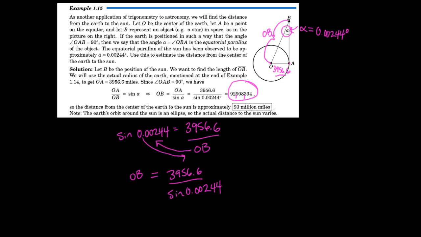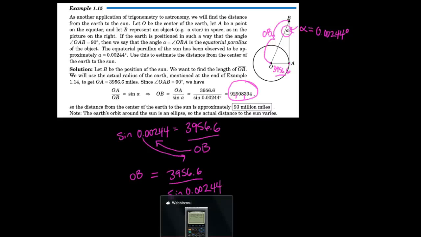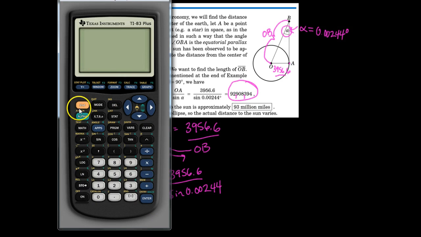One thing I wanted to talk about, and there's a supplemental lesson I want you guys to watch in week 2, and you'll see it, is the idea of degree, minute, seconds. So that's a tiny, tiny angle, isn't it? So if we wanted to convert that to degree, minute, seconds, because it might make more sense, let me show you how to do that. And this video online on YouTube shows you as well, but I'm typing in what alpha is equal to, 0.00244.